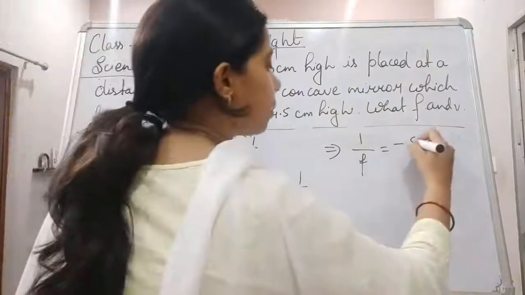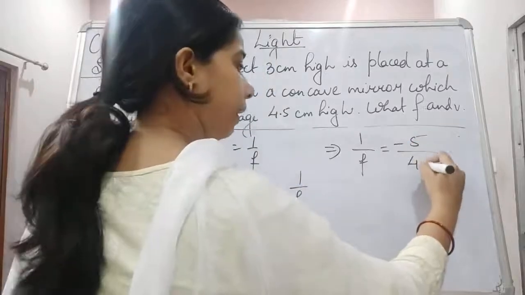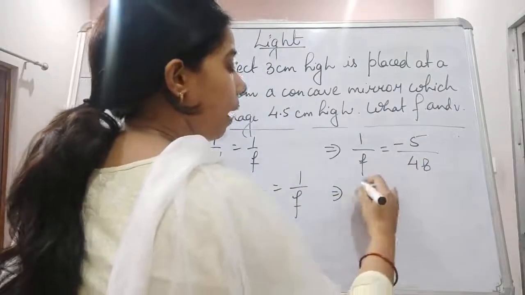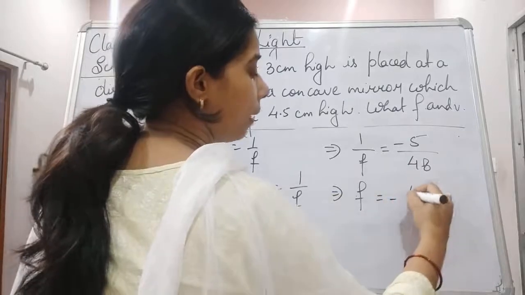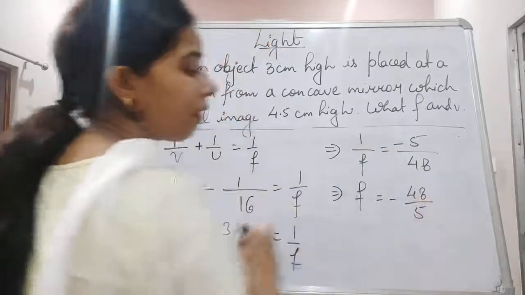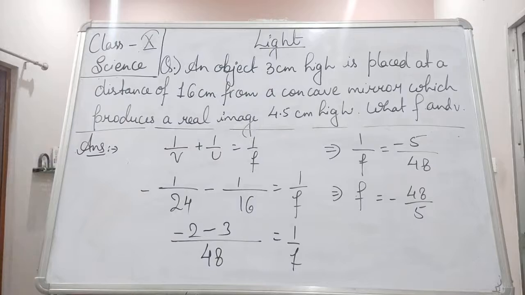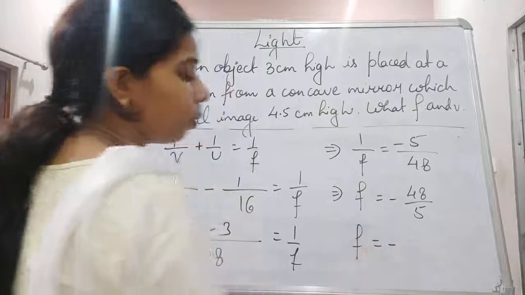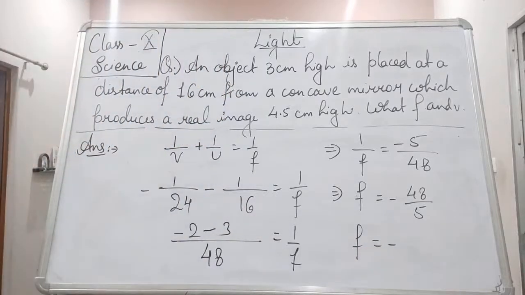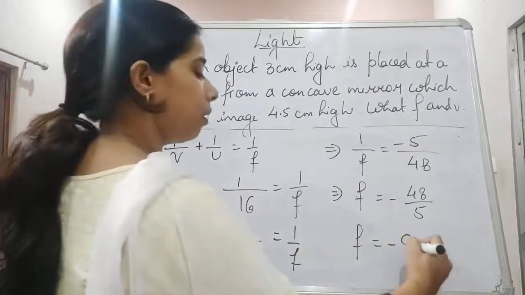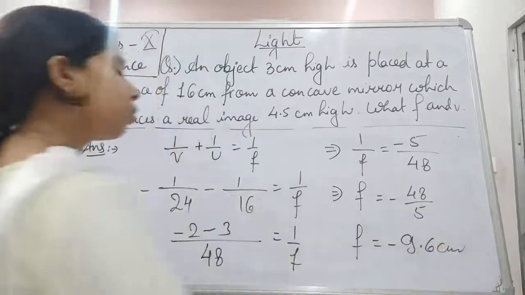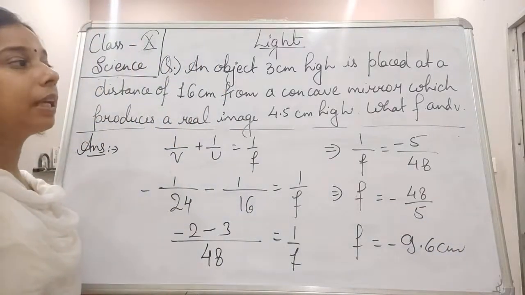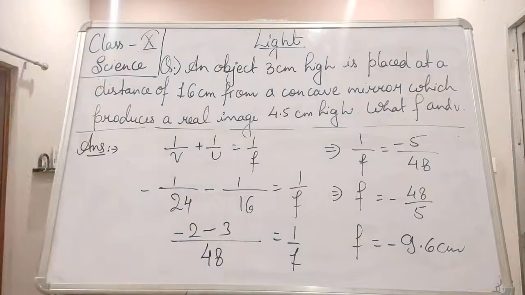So it will become minus 5 upon 48 centimeter, or f will be equal to minus 48 upon 5. Okay? Or when we solve it, we will get the value equal to minus 9.6 centimeter. So the value of the focal length that we will get is minus 9.6 centimeter. This is the value of a focal length.